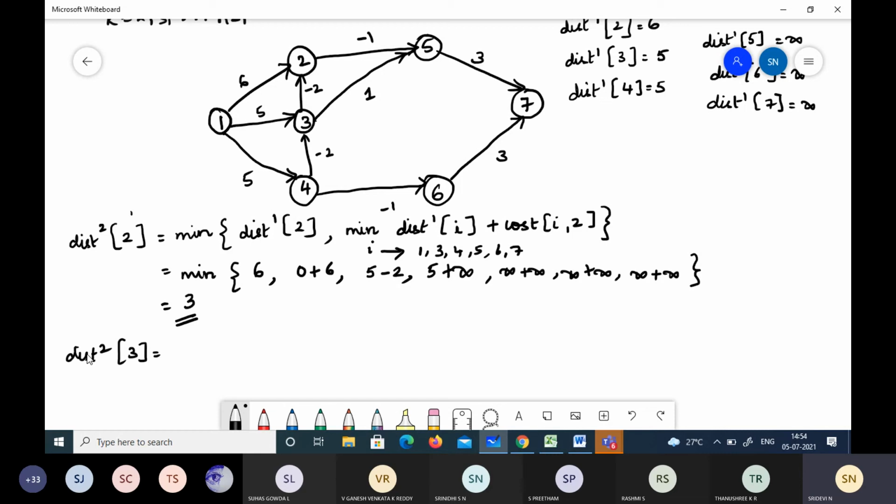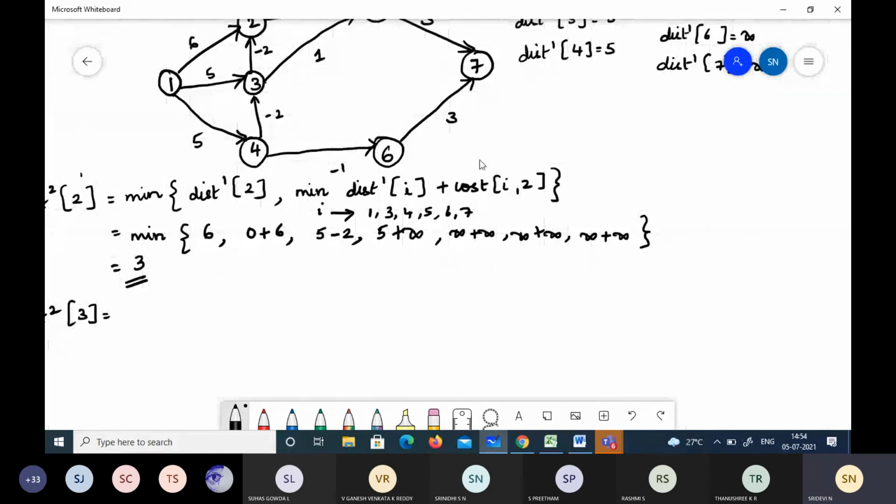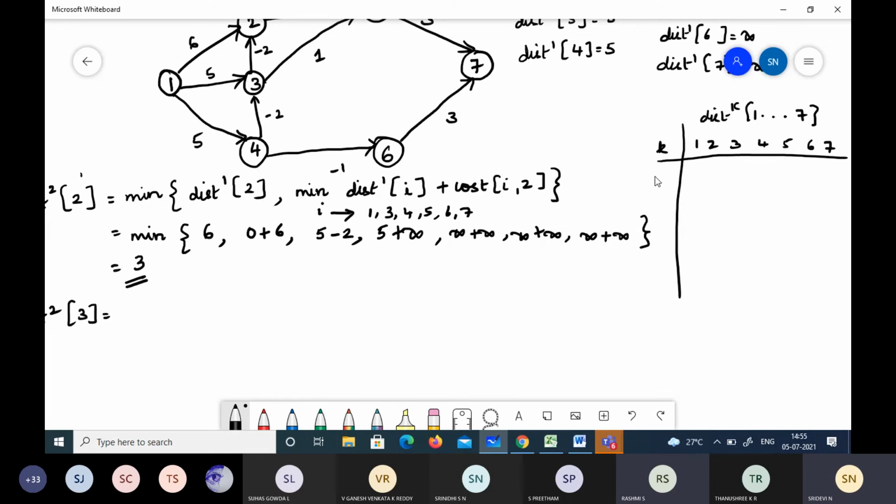So we will have to construct a table like this, with distance k, that is 1 to 7 edges. If we have 7 vertices, what is the maximum number of edges we can have? If we have n vertices, n minus 1 edges.